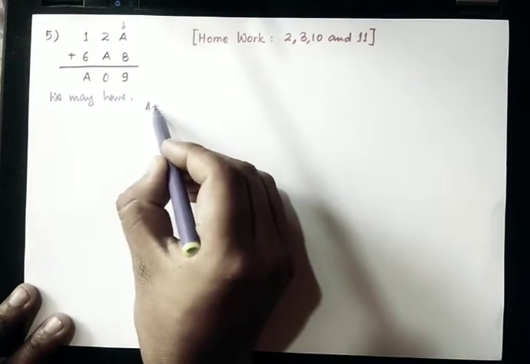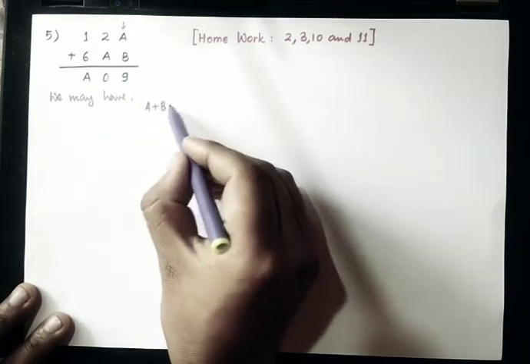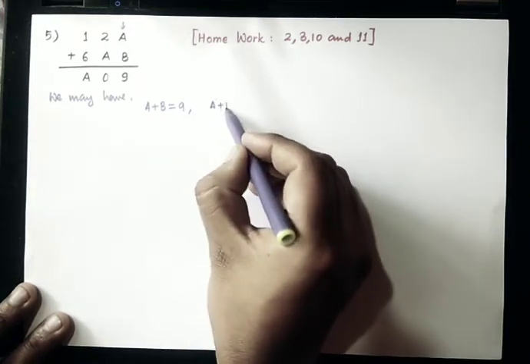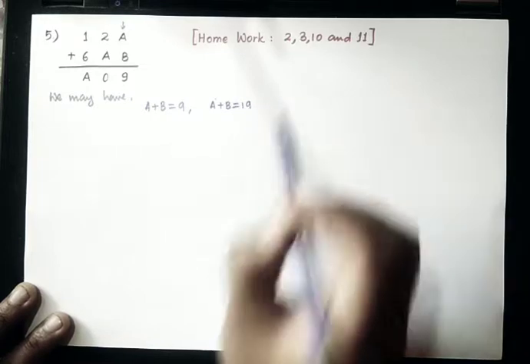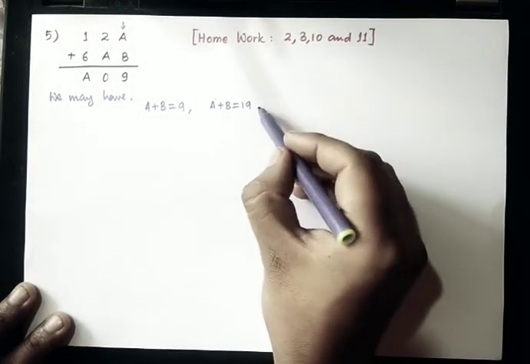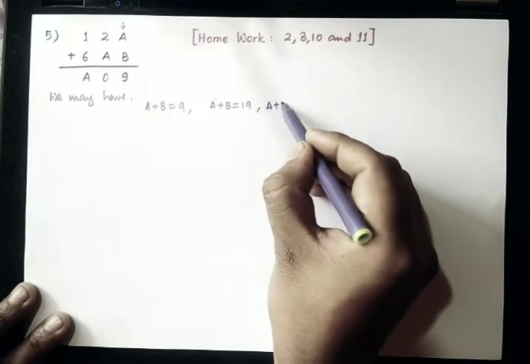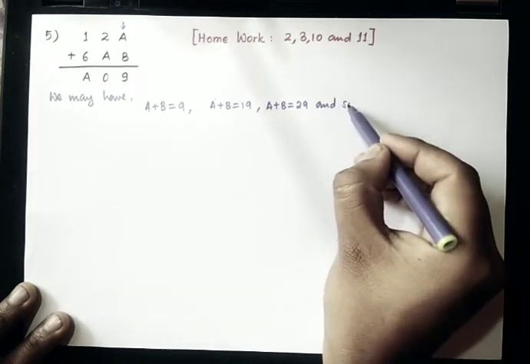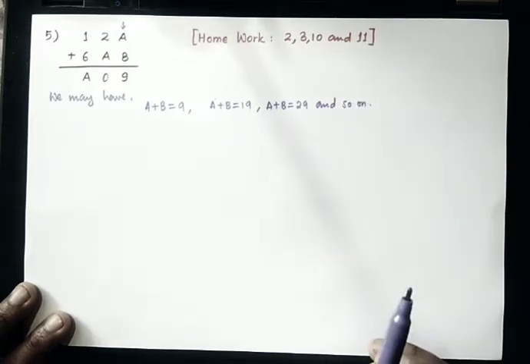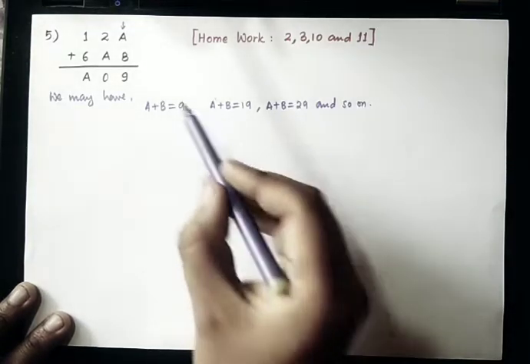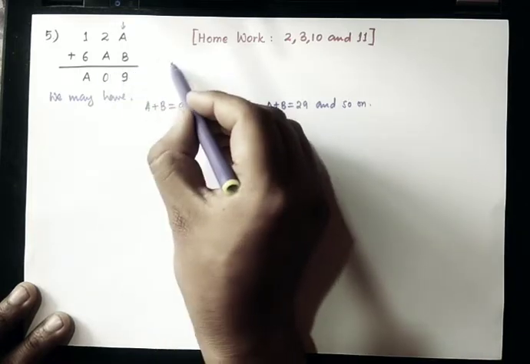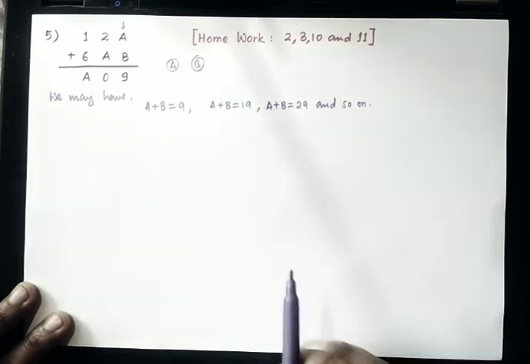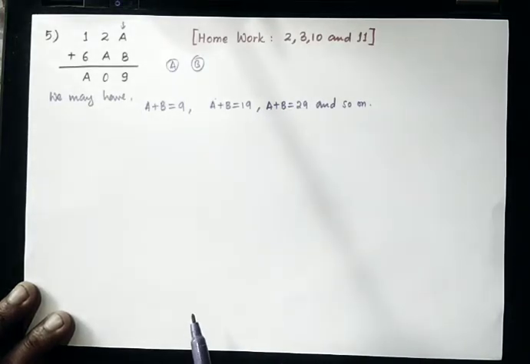So we may have A plus B equals 9. Next is A plus B equals 19. Yes, A plus B equals 29, and so on. Right? But wait. Here the unknowns are A and B, and we know that both of them are single digit numbers.